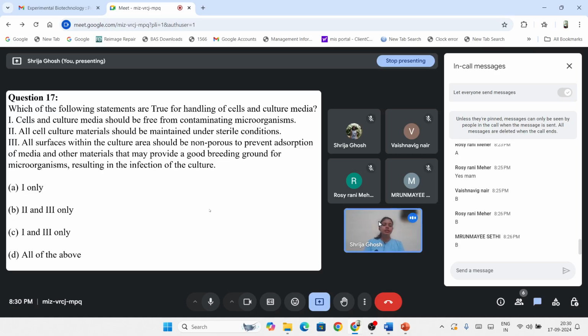Which statement is correct here? No one knows the answer for this. It's not that difficult. Think logically. Do you think the cell culture media should be free from contaminating microorganisms? Do you think the statement is true or false? Or do you think things should be maintained under sterile condition?